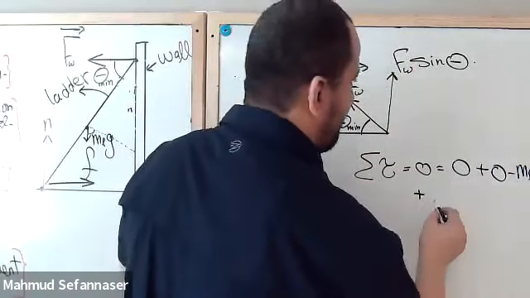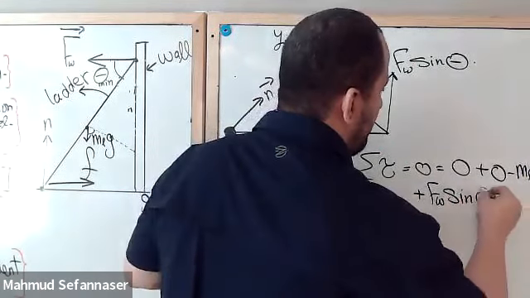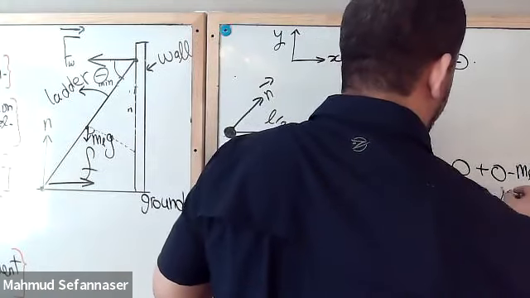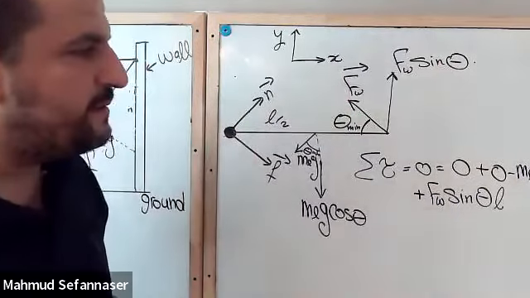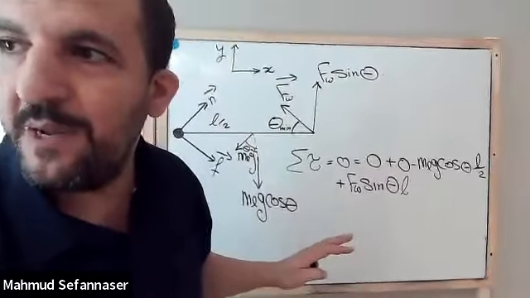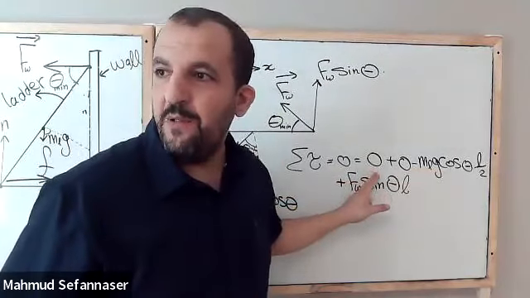So we have positive, and I have here Fw sine theta times L. So that's very nice, guys. I think we are right. I will move this a little bit far away so you can see that. So we have 0 from the normal force.